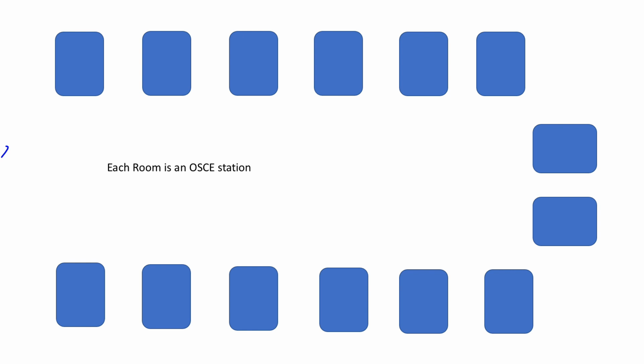So suppose you can start from any of these areas, and when you start here, then you move in this direction, and then you go through all the stations, and then you end here. So you go one station at a time, and this is how the OSCE circuit is arranged.